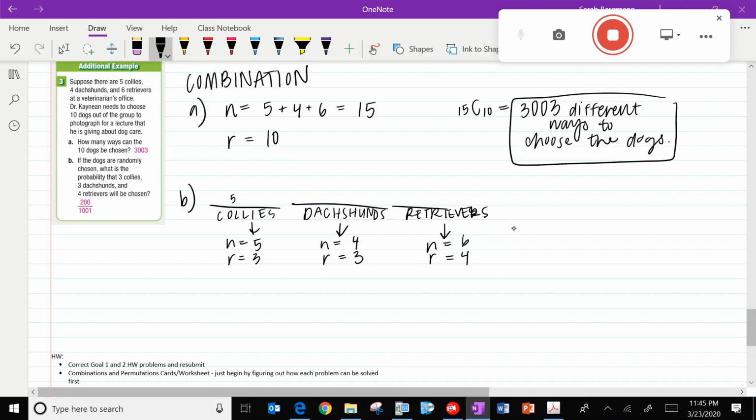So I'll do 5, choose 3, 4, choose 3, 6, choose 4, and to find the total number of possible outcomes, I multiply the number for the collies, Dachshunds, and retrievers together. This gives me 600, but notice they are asking for probability, so I need to take the 600, that's the number of outcomes in my favor, over the 3,003 that I got total number from part A. That reduces to 200 over 1,001.